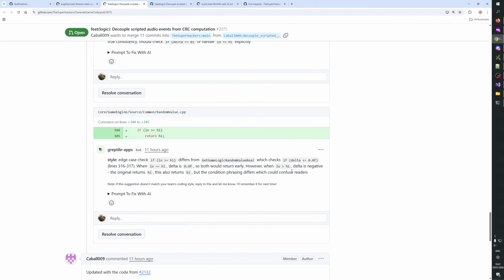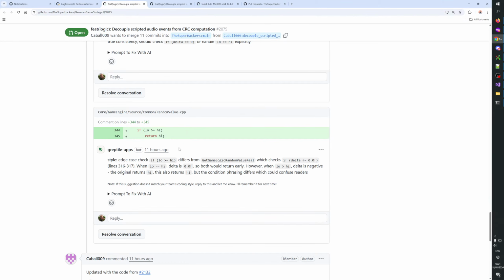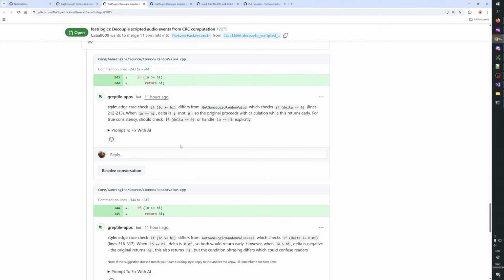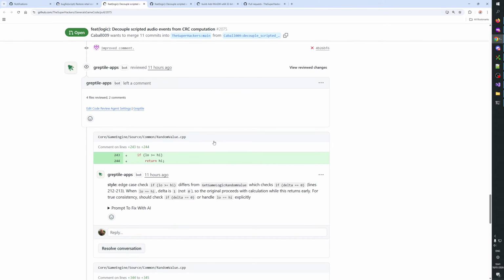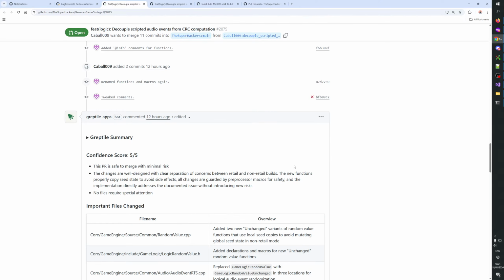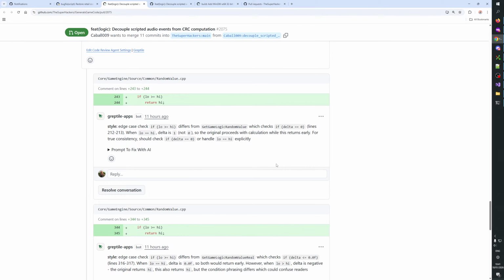The original returns high. This also returns high. Low, larger, equal high. Huh? I don't understand. What's the problem here? Style edge case.